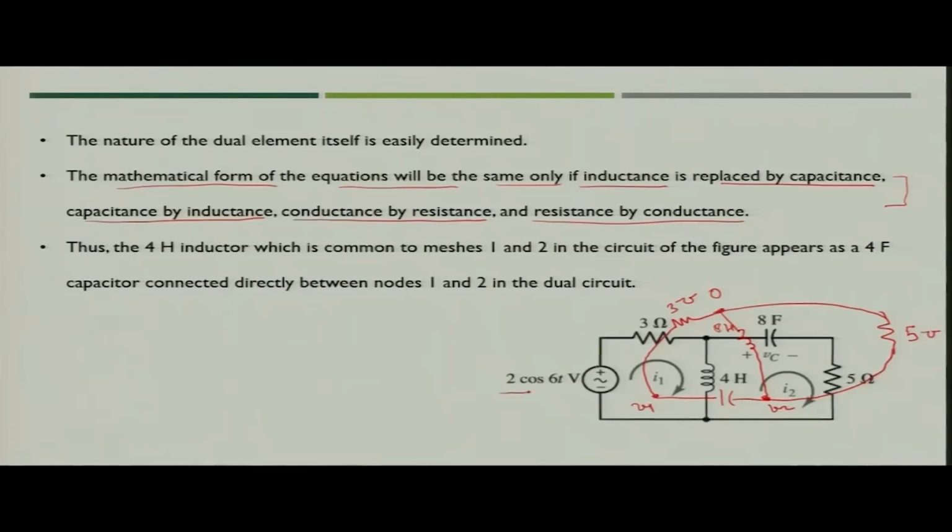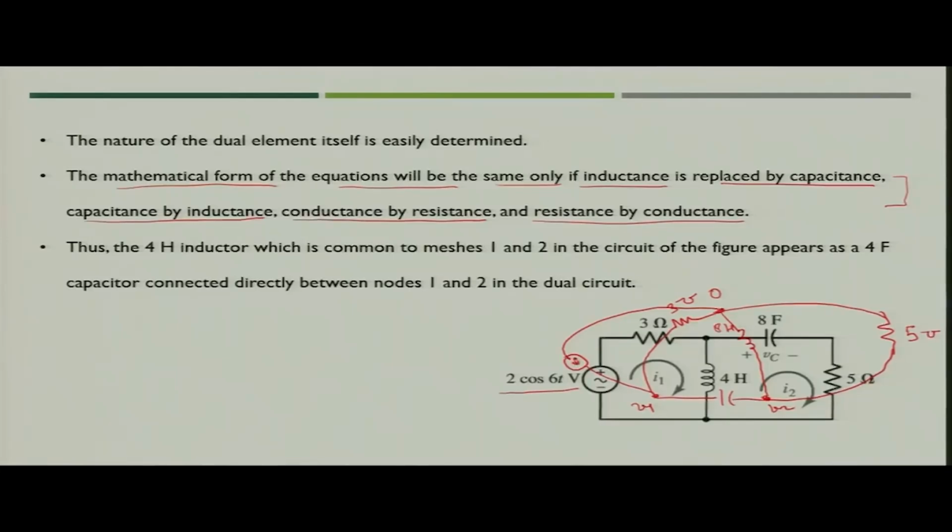The left value is the voltage source. In this case it will be nothing but the current source. Now, what would be the direction? Because the direction of voltage is in such a way that it is giving positive current, the current will also be in such a way that it is going inside the node.